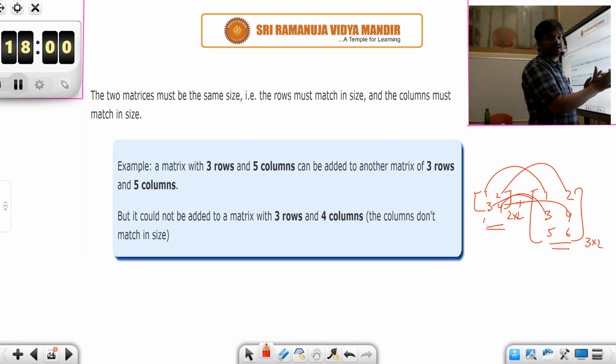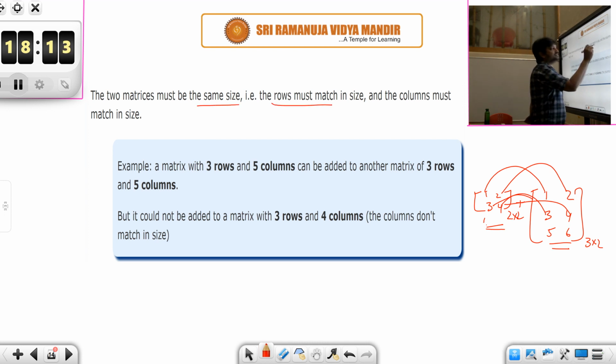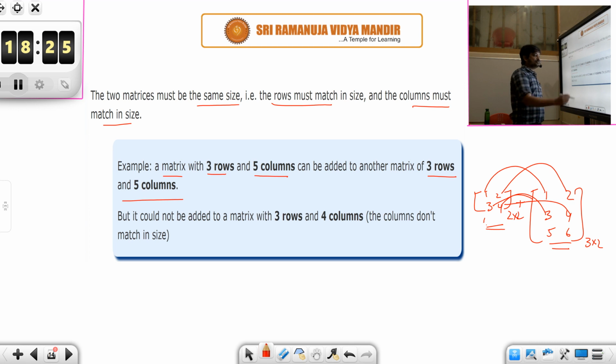So you can't add these two kinds of matrices. To add two matrices, the order of both matrices should be the same. The rows must match in size and the columns must match in size. Example, a matrix with 3 rows and 5 columns can be added to another matrix of 3 rows and 5 columns. It cannot be added to a matrix with 3 rows and 4 columns.